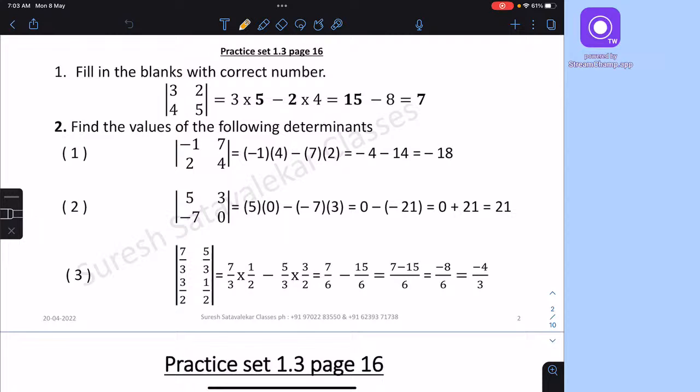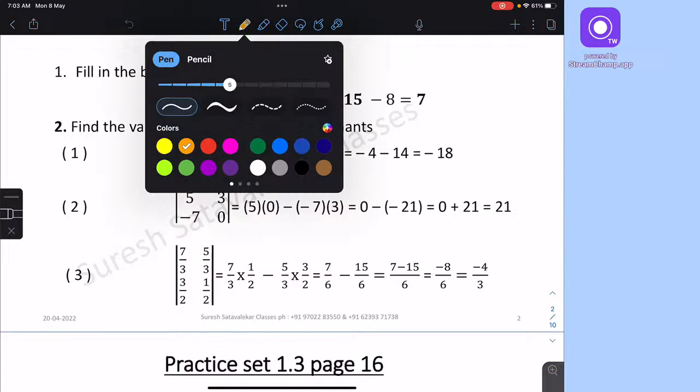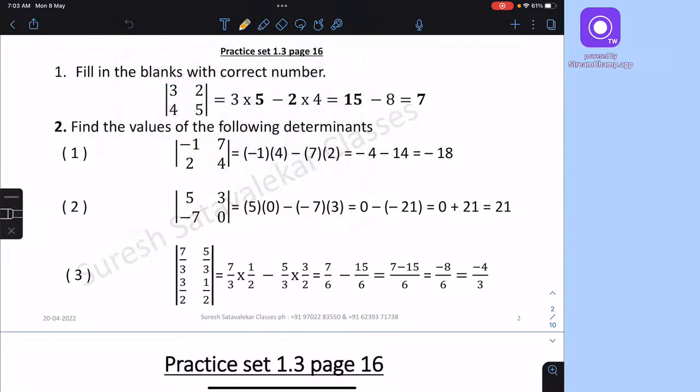So here you will find that they are given one determinant. This determinant is the determinant of 3, 2, 4, 5. They are also given the information 3 and 4, and this was a blank.